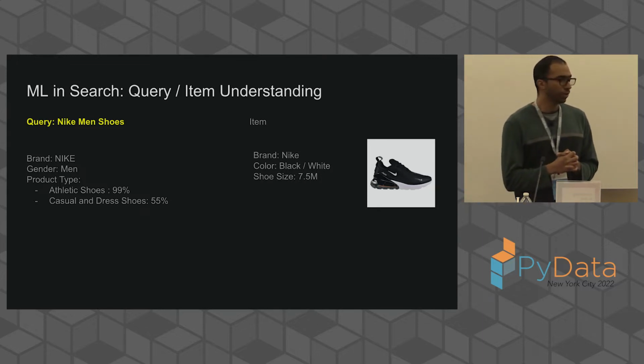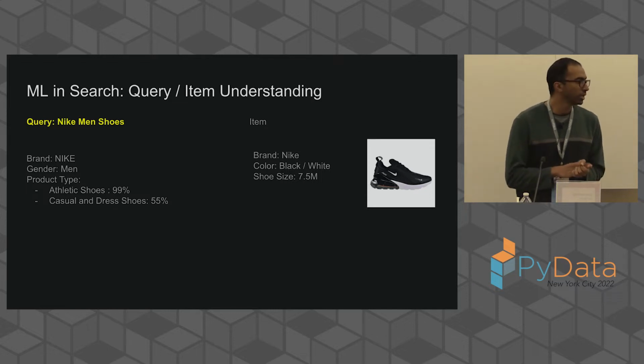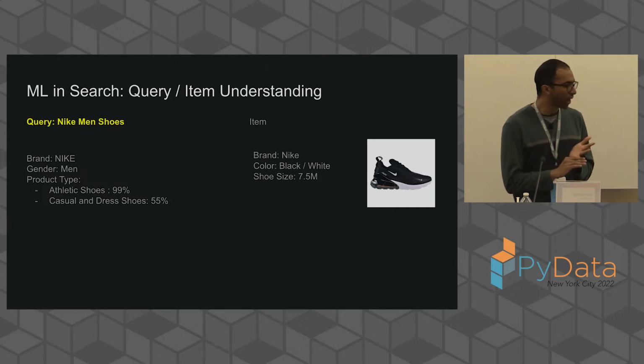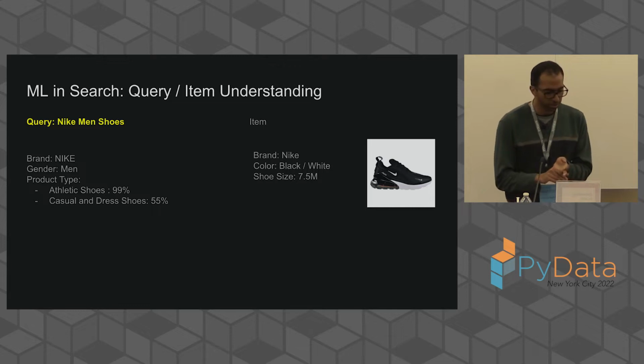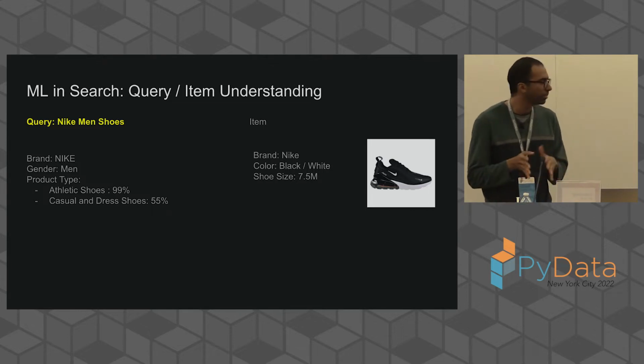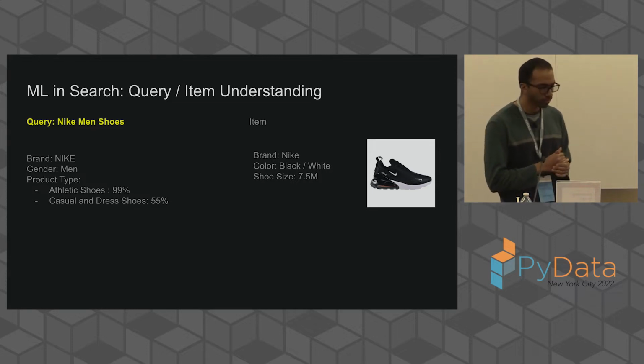So let's say we have a query like Nike men's shoes. A good query understanding system should probably understand that there's a brand intent of Nike, there's a gender intent of men, there's a product type intent of athletic shoes versus maybe casual or dress shoes.